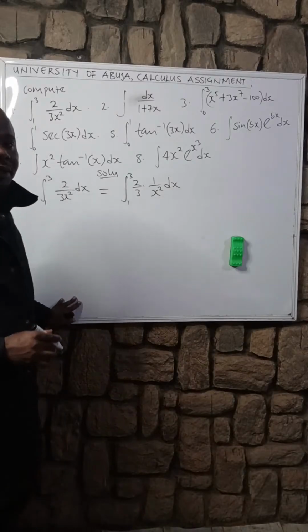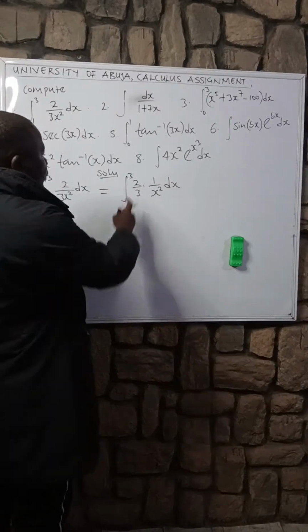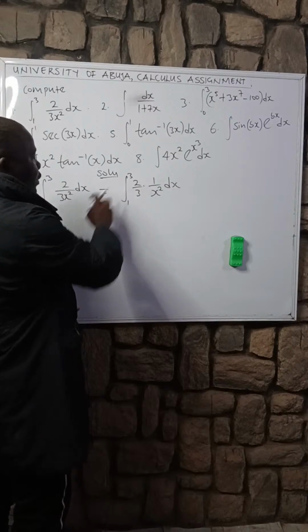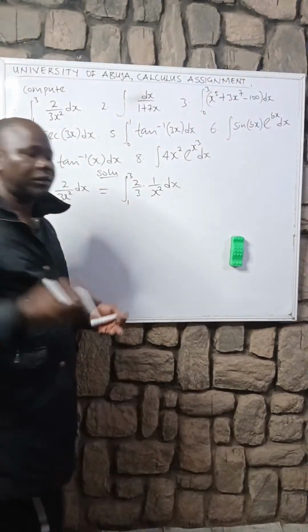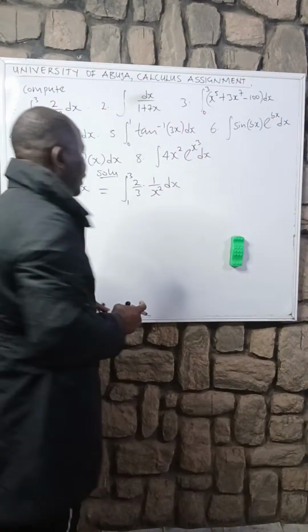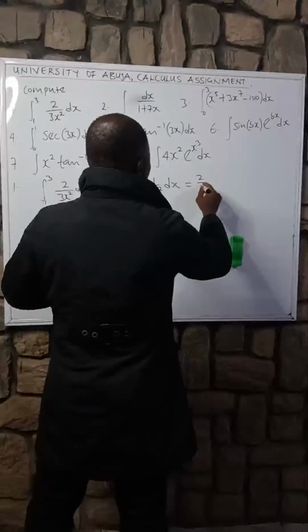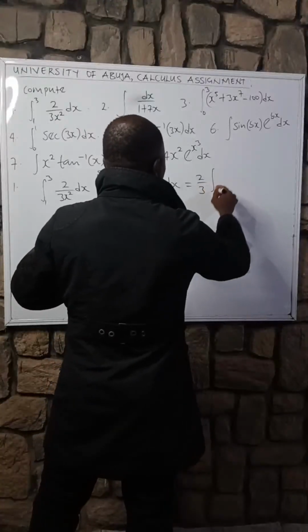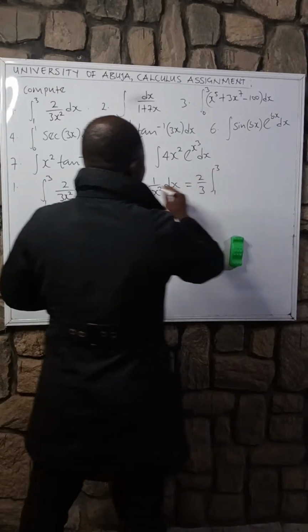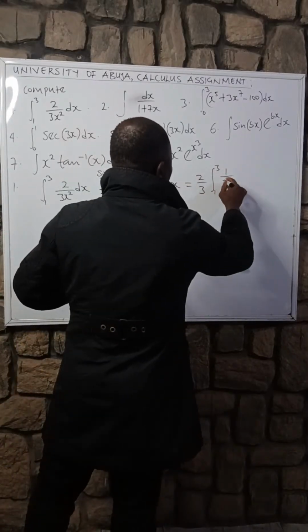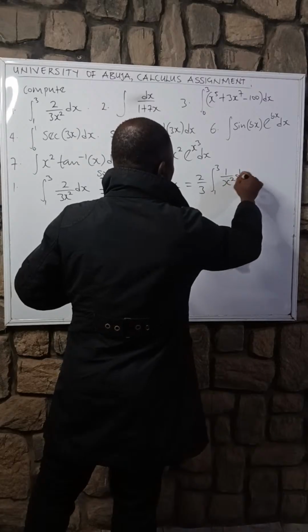Do you agree with me? This is a constant, so we can factor it out of the integral: 2 all over 3 integral 1 to 3 of 1 all over x raised to power 2 dx.